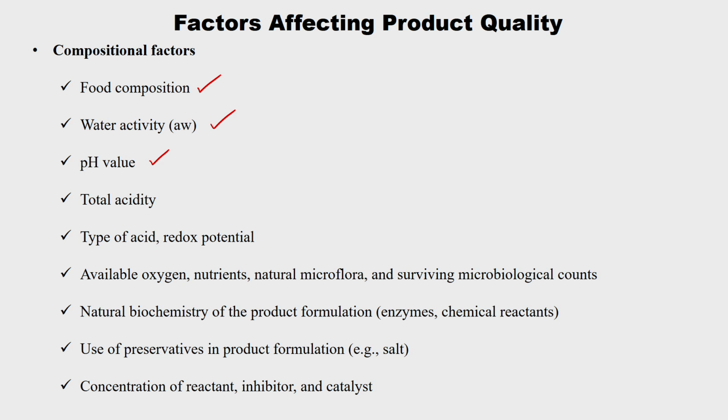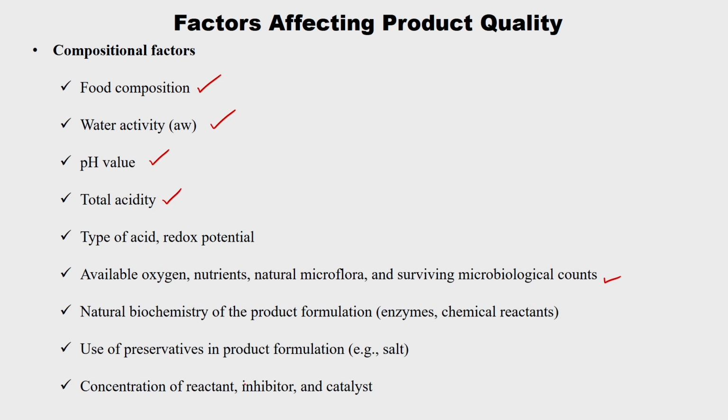The same with pH value, there are particular pH and particular water activity at which the bacteria Clostridium botulinum lives, so that also we have seen. And total acidity of the product, acid and redox potential, available oxygen content, nutrient content, natural microflora and surviving microbiological counts, everything matters, and natural biochemistry of the product formulation.